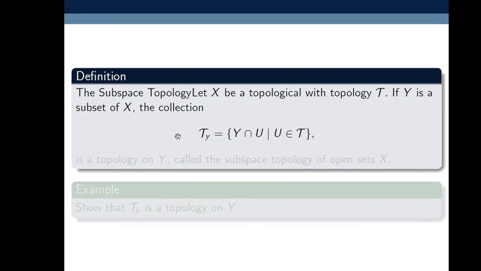If Y is a subset of X, then the collection tau Y, which is equal to Y intersection U, where U belongs to tau.